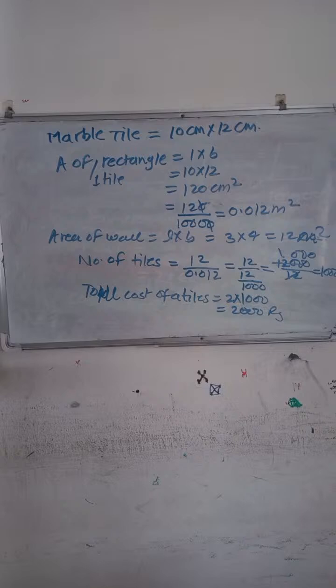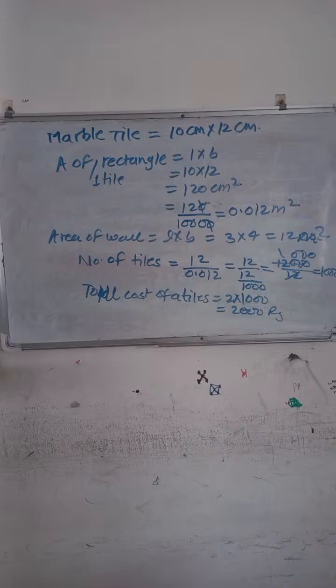Write down: the area of a parallelogram is 24 centimeter square. If base is 5 centimeter, find the altitude of the parallelogram.